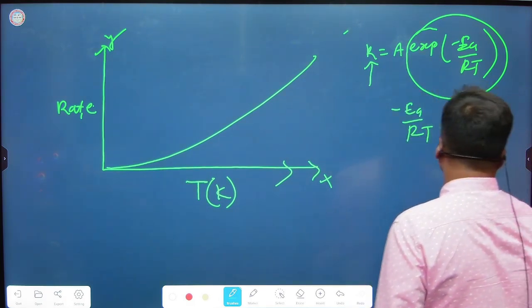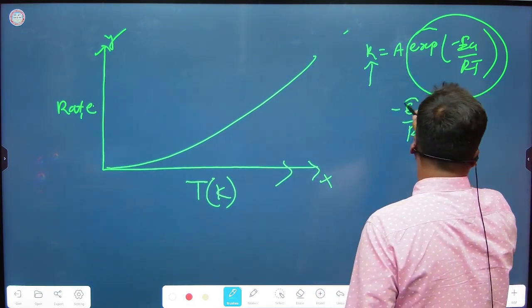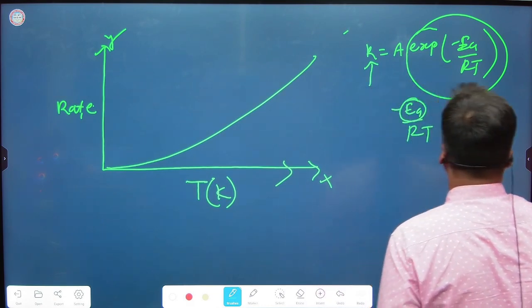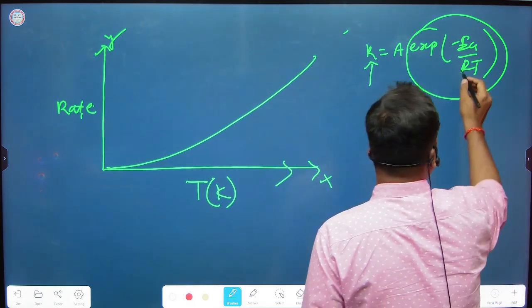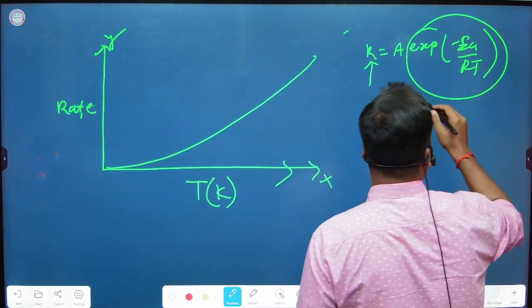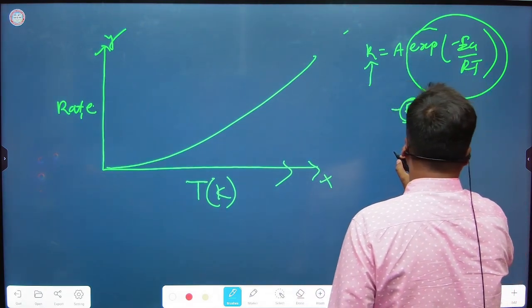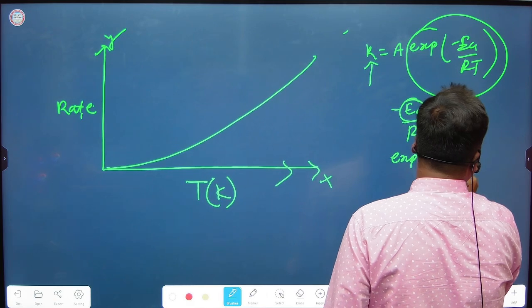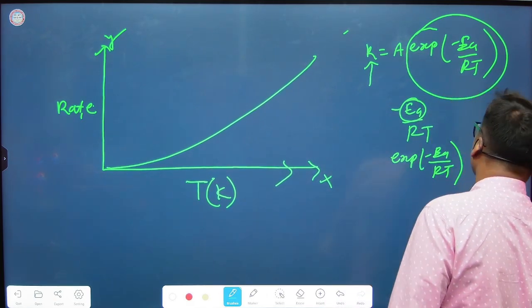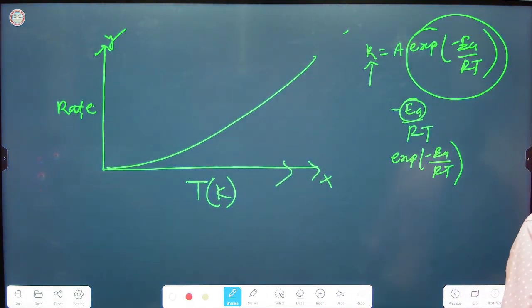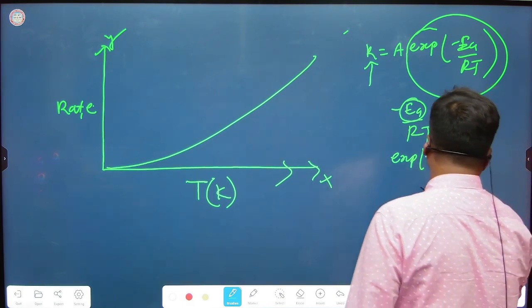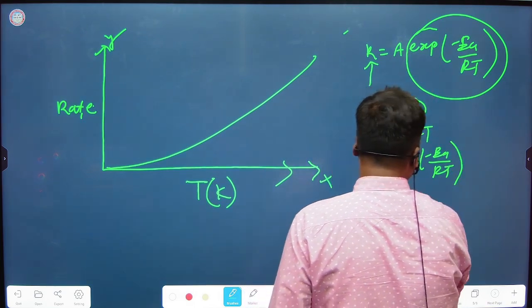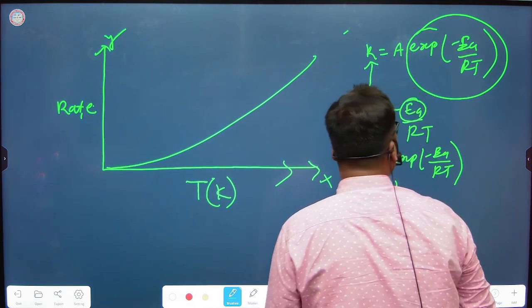If EA is large, and the activation energy is high, then exponential minus EA upon RT will produce an overall low rate constant.